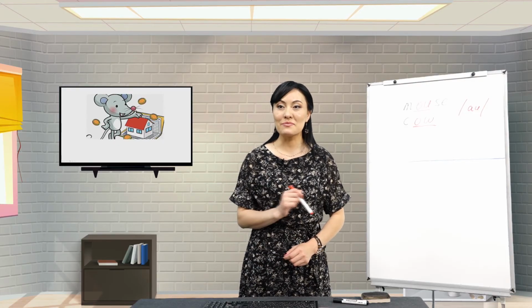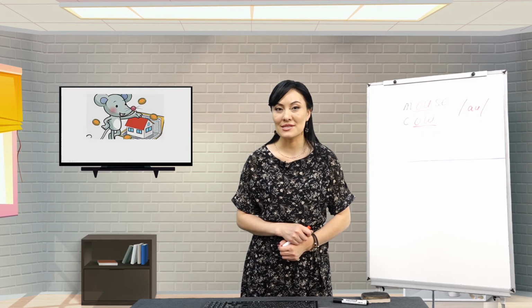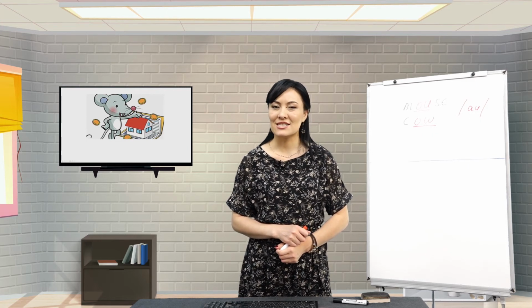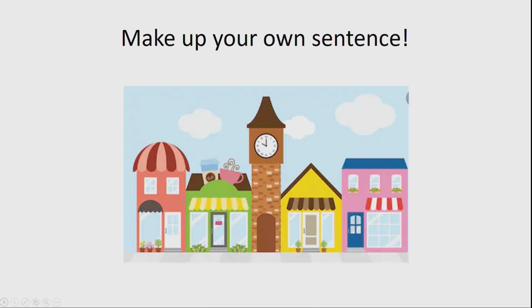Now look at the picture. What do you see there? Yes, it's a mouse and it's a house. Try to make a sentence. A mouse has a house. Now look at the other pictures and make up your own sentence. Okay, what ideas do you have? Good.